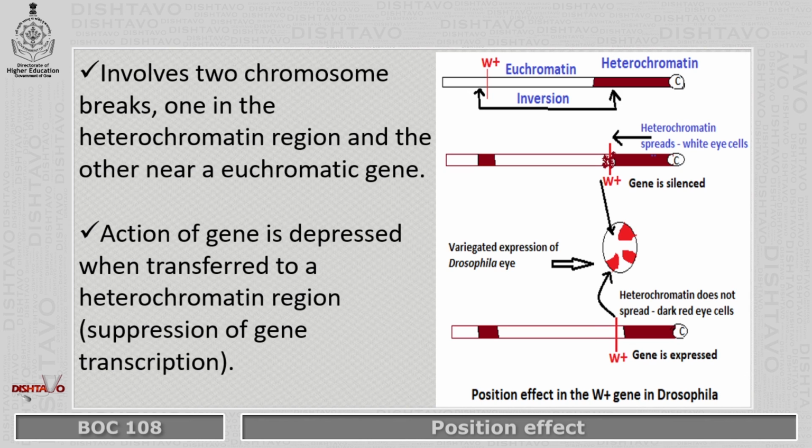So, in this position, the gene is expressed in some cells and silenced in others. In those cells where it is expressed, it will give red coloration, and in those cells where it is suppressed, it will give white coloration. Therefore, in this position, the eyes of Drosophila will show a red-white mosaic pattern.